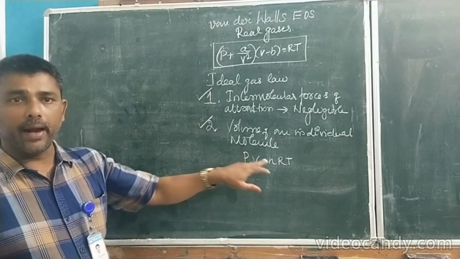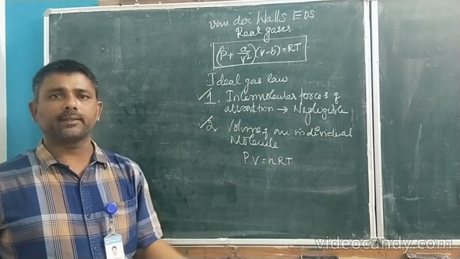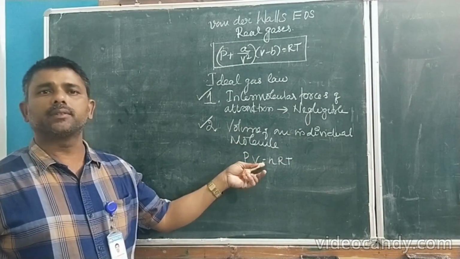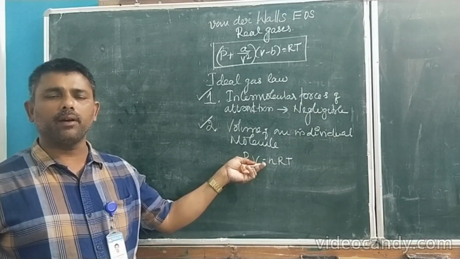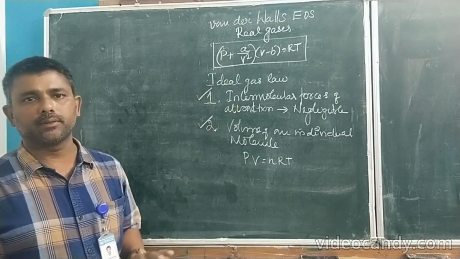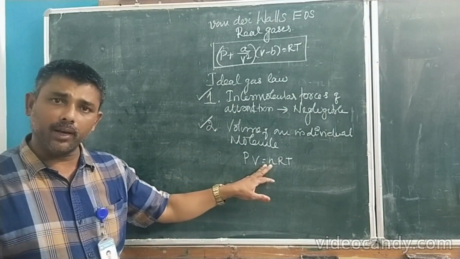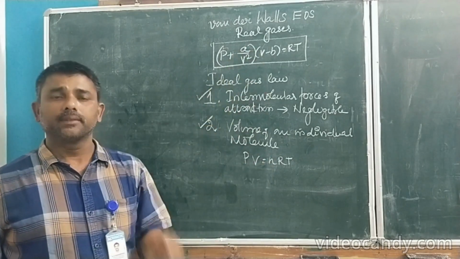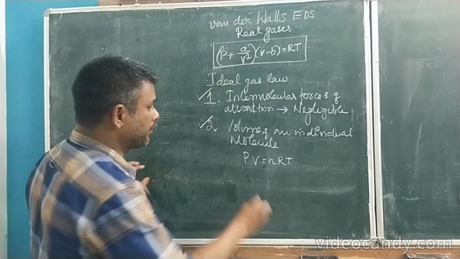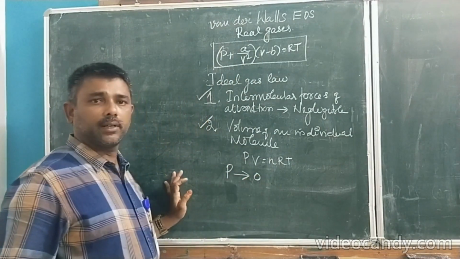This is for ideal gas. When you go for real gases, this equation fails to explain the PVT behavior of real gases because of these two assumptions. The ideal gas law will be applicable to real gases subject to the condition that the pressure tends to 0.